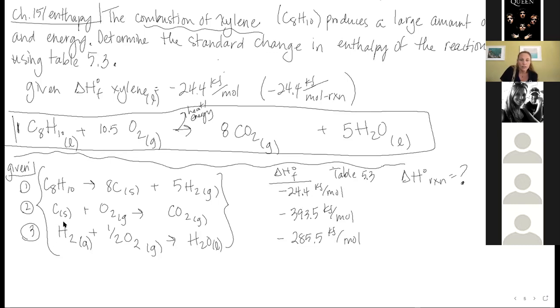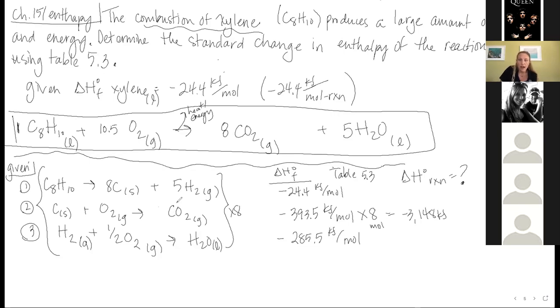For the carbon solid, we want to use this to figure out how to get rid of our carbon dioxide. This is the enthalpy of formation of carbon dioxide equation. We know that we want 8 carbon dioxide, so I'm going to multiply this whole equation by 8, including this formation term here, which gives me negative 3,148 kilojoules, because this is 8 moles, so the moles cancel.